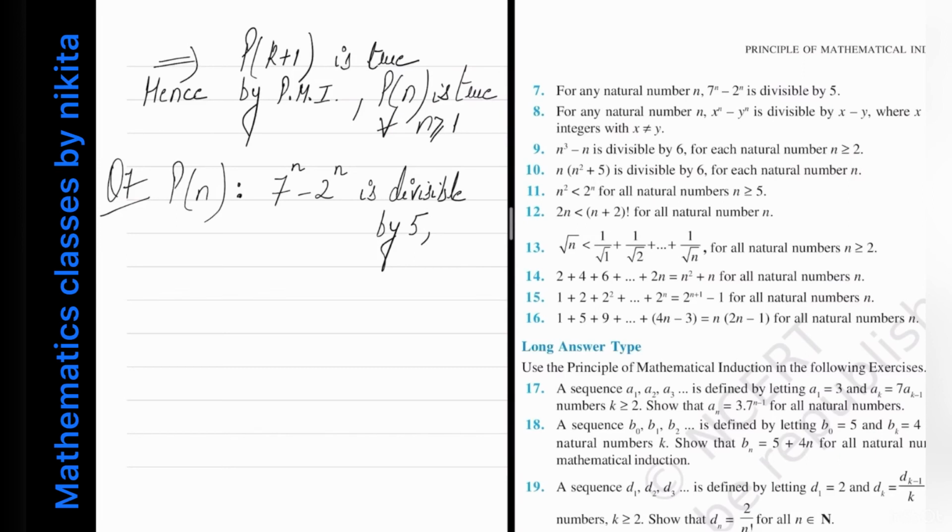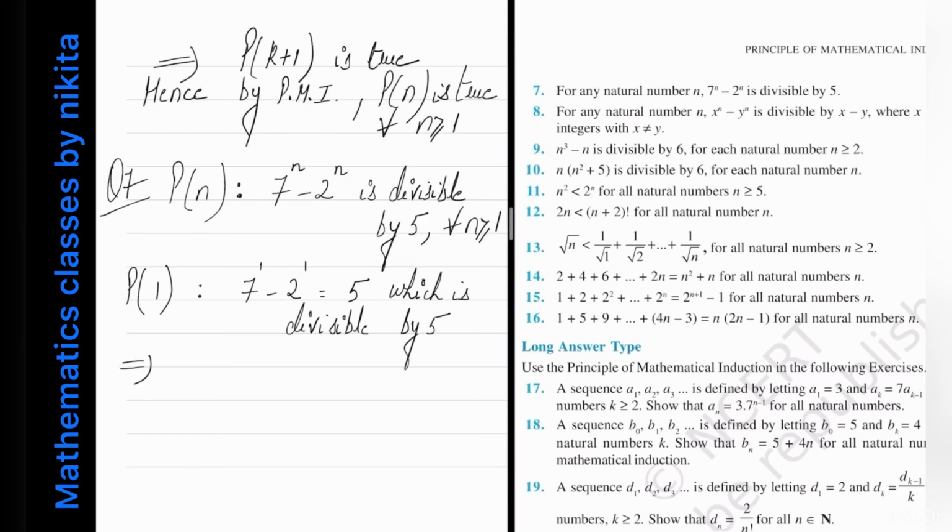For any natural number n, so that means this is true for all n greater or equal to 1. So first of all the base case. So base case becomes 7 to the power 1 minus 2 to the power 1, which is equal to 5, and 5 is divisible by 5. So this implies that P of 1 is true.